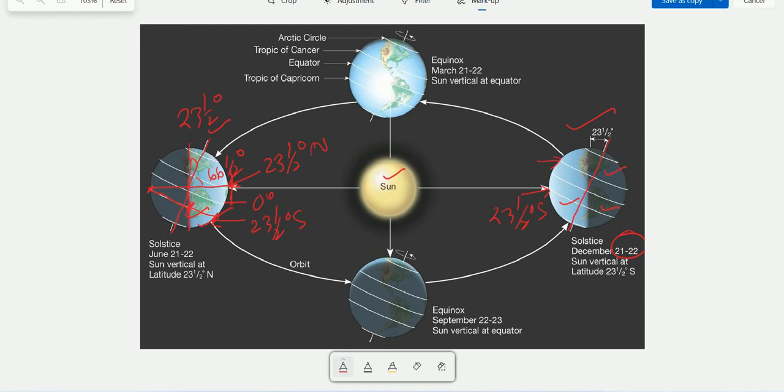So this is another condition, and these two positions are known as equinoxes, that is, equal nights. Equinox means equal nights, that is, the nighttime and the daytime are equal. It may be 12 hours daytime and 12 hours nighttime.